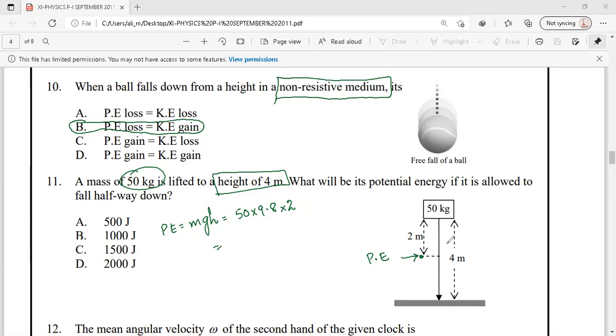So the total height is 4, and the potential energy that we need to calculate is when it has covered half the distance, so the height of that body will be equal to 2 meters. So this is the height, this is gravitational acceleration in meters per second square, and 50 kg is the mass. So we will get the answer that equals 980 joules. So the correct answer is option B.